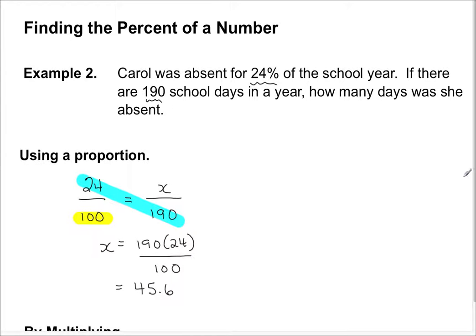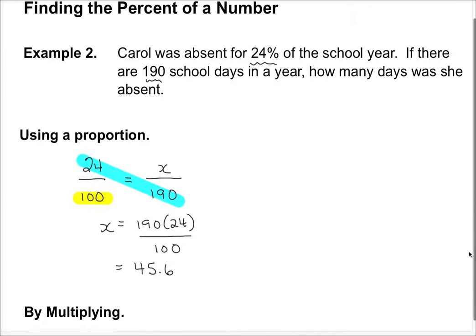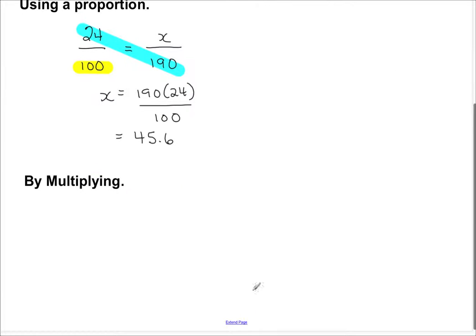Now there is another way to do this, and this is by multiplying. What we want to do is take that 24% first and turn it into a decimal, 0.24. And then once we've got that 0.24, we're going to multiply it by the total number of days in the year.